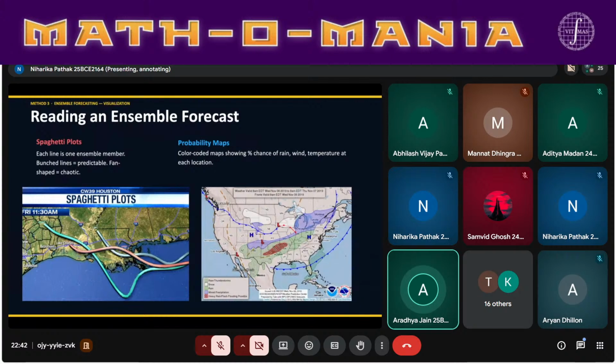And the next is the probability maps. This helps us realize how likely it is to happen in a particular area. So let's look at the image. There are some legends given down below. White signifies snow, brown signifies heavy rain, and blue signifies mixed precipitation.